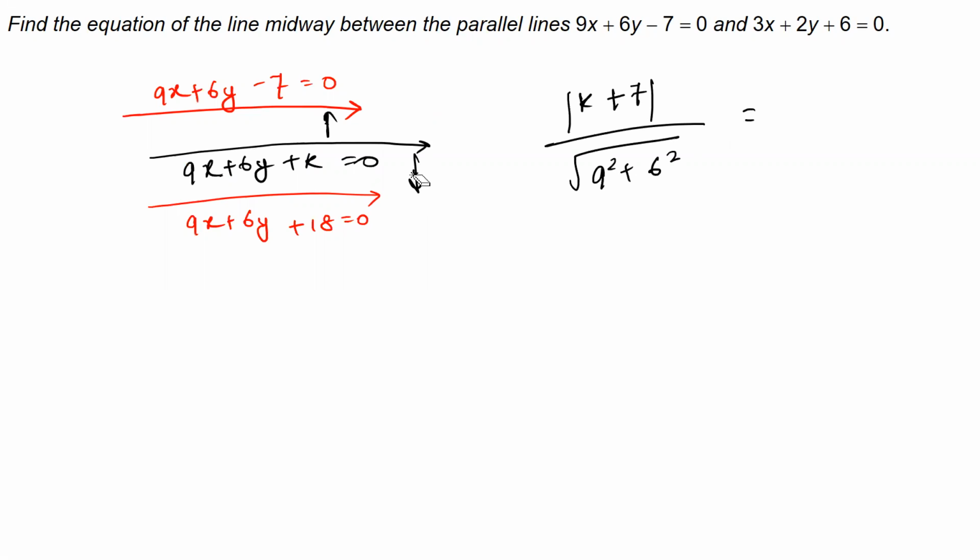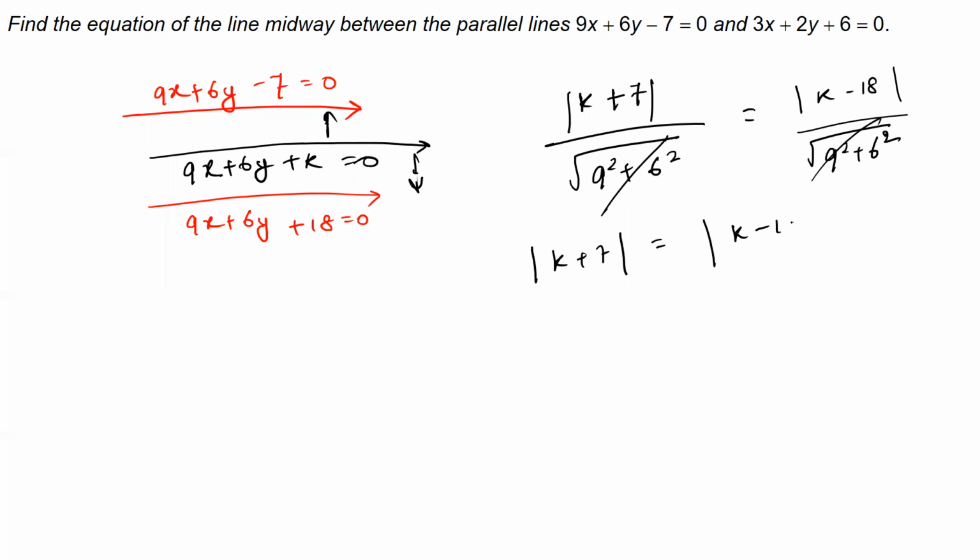So what is this distance? This distance is mod of k minus 18 divided by root over 9 squared plus 6 squared. All right, so now this entire part cancels out, and what we have is mod of k plus 7 is equal to mod of k minus 18.